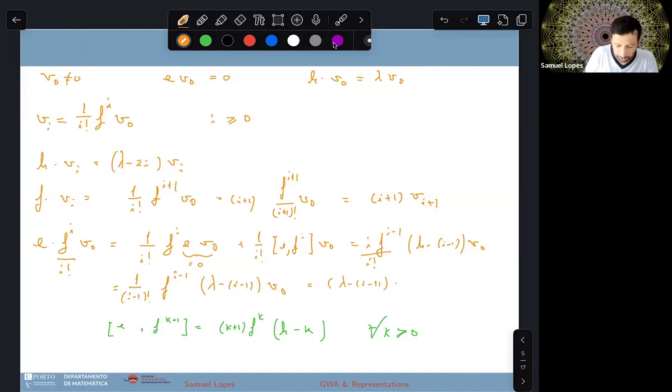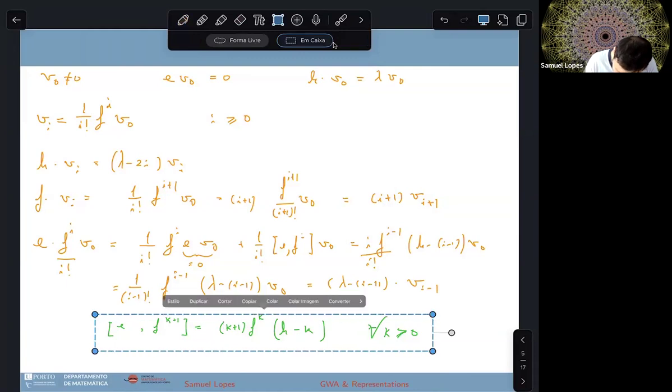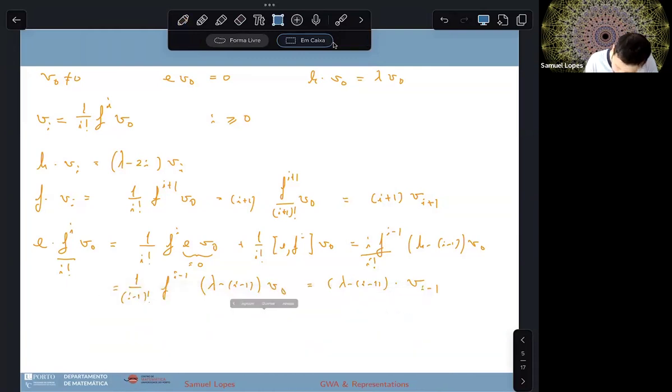What remains, you'll notice, is precisely the basis vector v_{i-1}. Technically, I don't need this formula anymore, I'm going to delete it to have a little bit more space. Technically, this would be true for every i greater than or equal to 1.